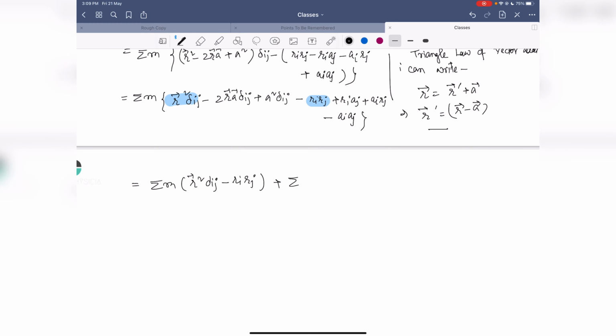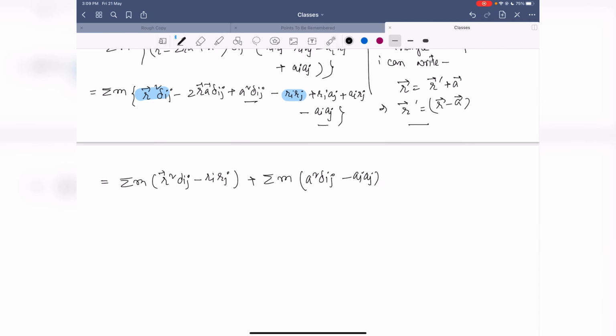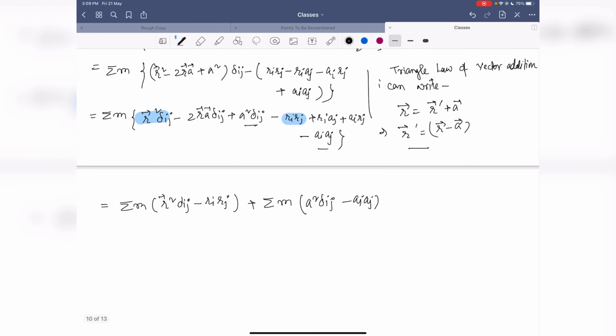plus the summation of m. Then I can take common this thing and this thing, so I will write it as a square delta ij minus ai aj. Now the remaining terms are these two terms, because the rest of them I have covered.